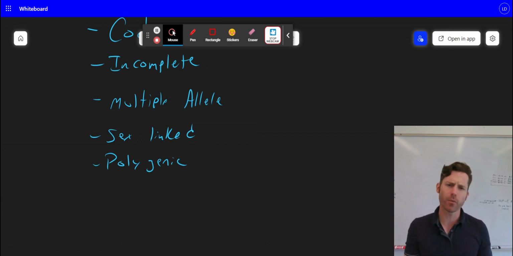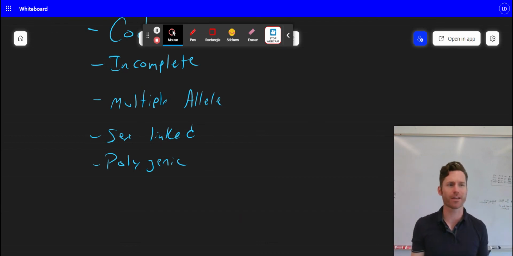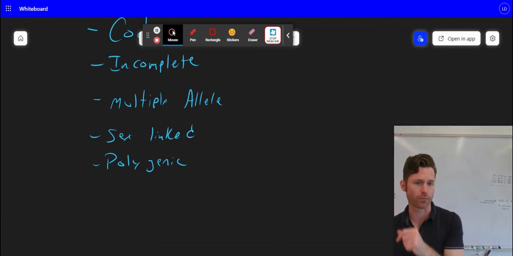Another way that polygenic traits can work is a little more interesting is epistatic traits, where there is your main trait, which, like, let's just pretend I'm a cat and I have fur. Let's pretend I have beautiful pink fur. Right? So I have a protein that's pink in my fur. And that's my primary gene controlling my fur color.